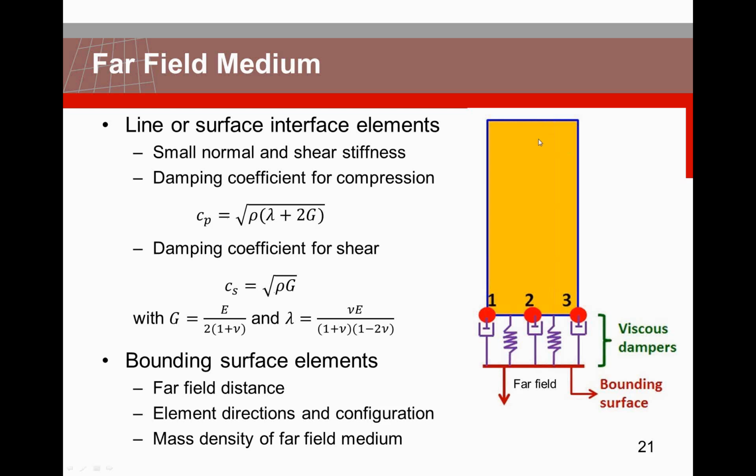So for the pressure waves, so the stiffness in the spring direction, you will provide your CP value for the damper, and in the shear direction you will provide the CS. And you can see these damping coefficients are again related to the material properties, and they can easily be calculated from your medium here.